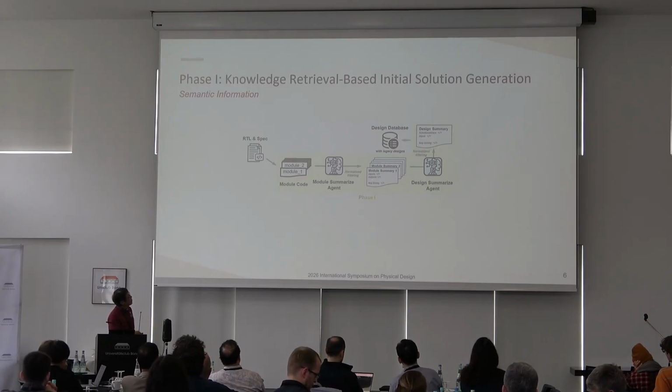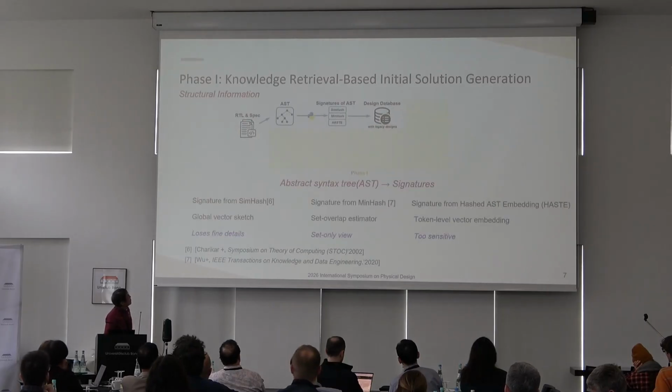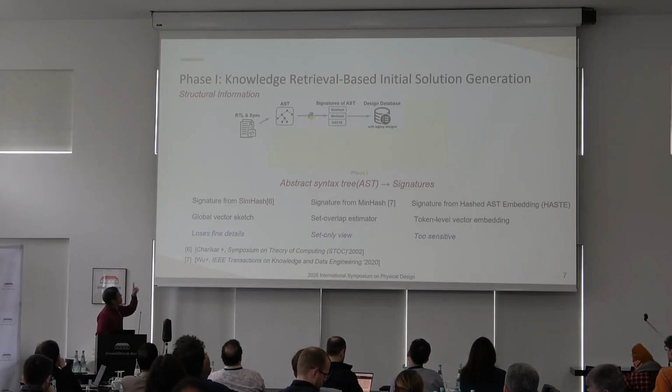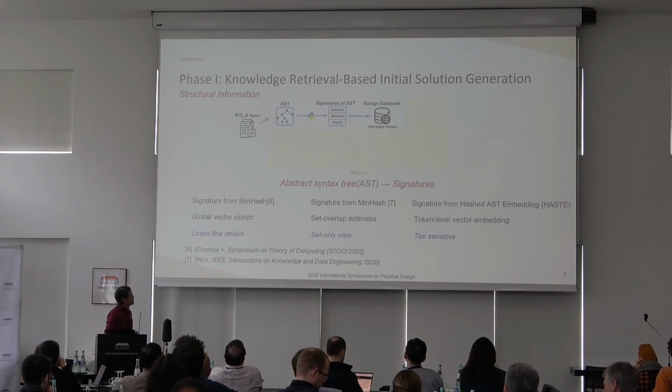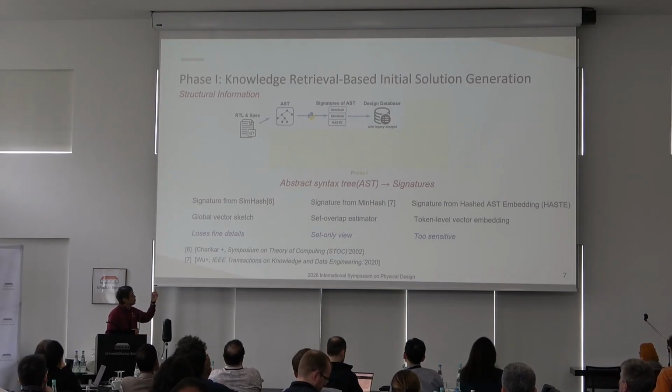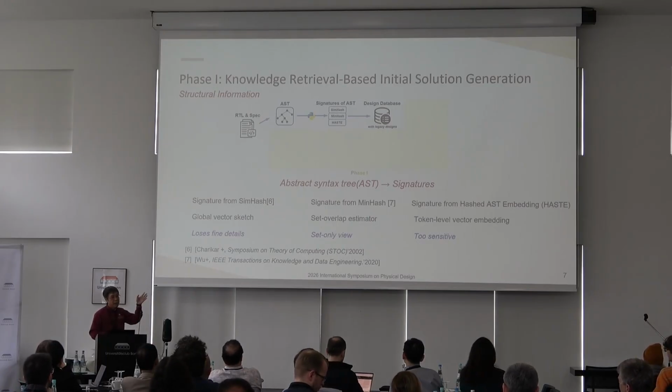Next, that is the part that makes the main difference, which is why we call our method AST-assisted. AST is abstract syntax tree. For those of you who are not familiar, if you start with the HDL and do compiling or logic synthesis, the first step is to convert the code into an abstract syntax tree.